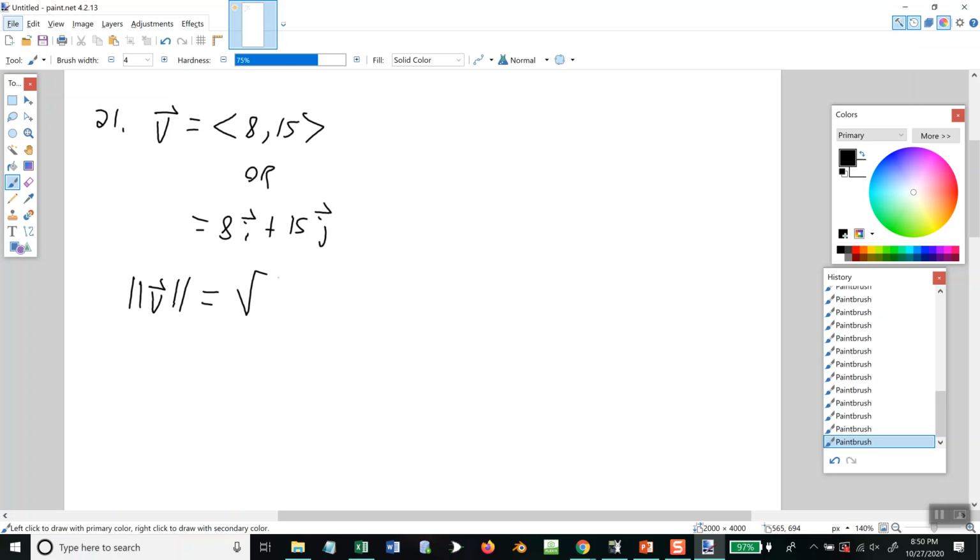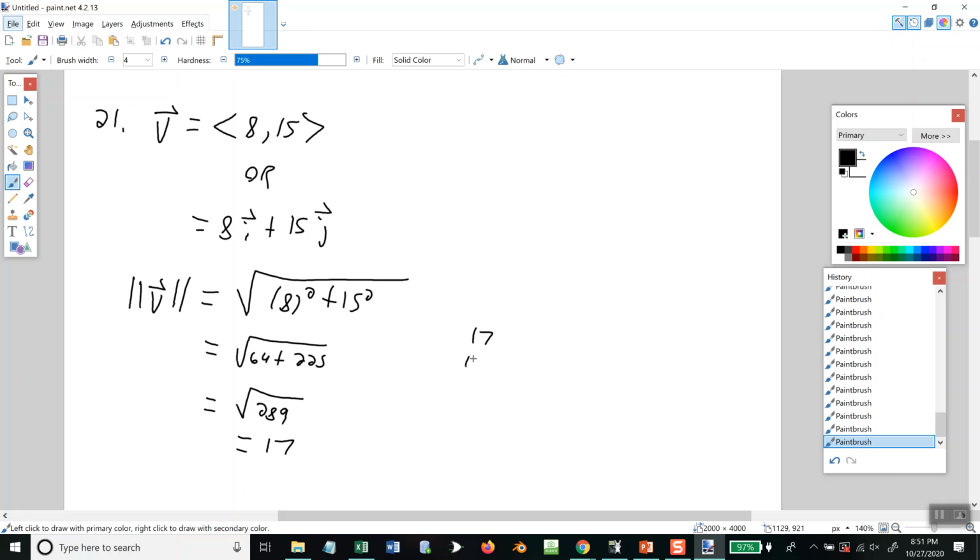The magnitude of the vector V is going to equal the square root of 8 squared plus 15 squared. 64 plus 225, I think, is 289. The square root is 17? Yep. Okay. So 17 would be our answer.